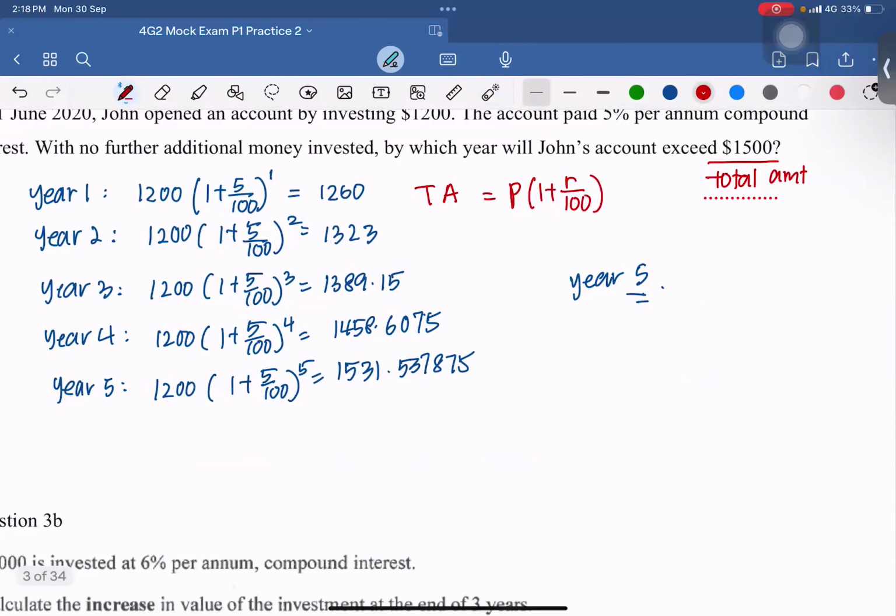Okay. Alternatively, there is another type, maybe if they say simple interest or maybe another type, they say 5% more of the previous year's amount. Then you can also do 1.05 repeated, then you change the power, times the 1,200. Power 1, power 2, power 3, number of years, you change the power.